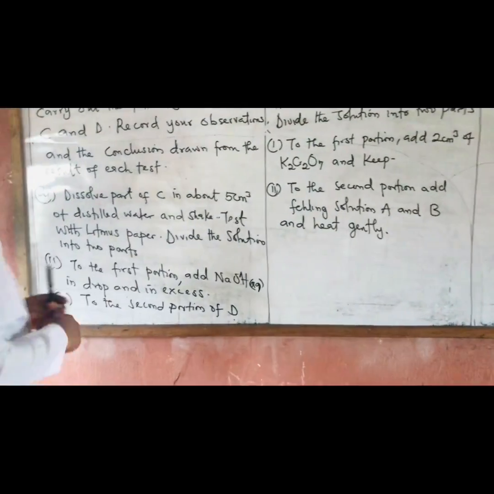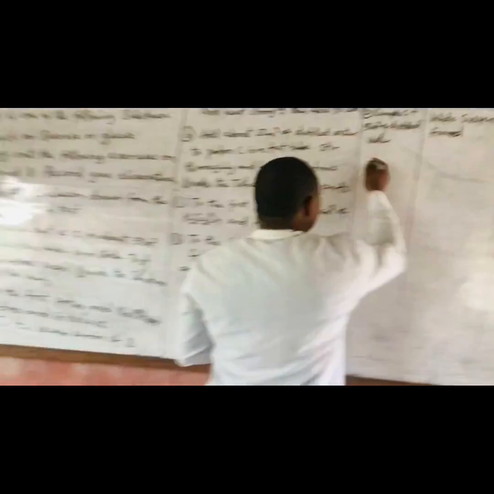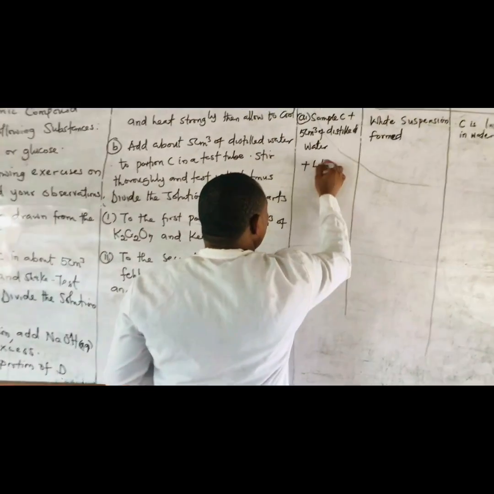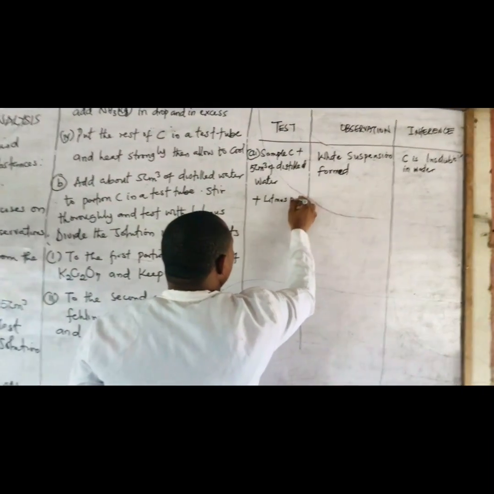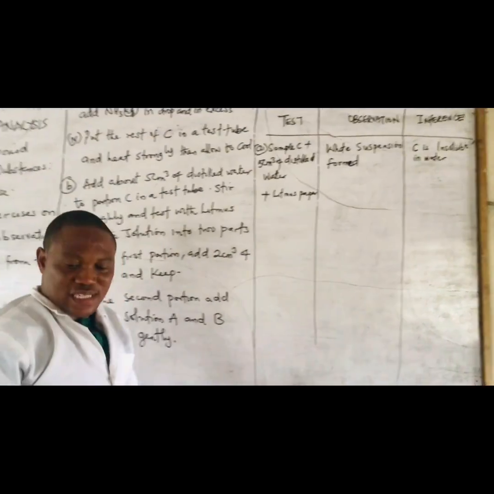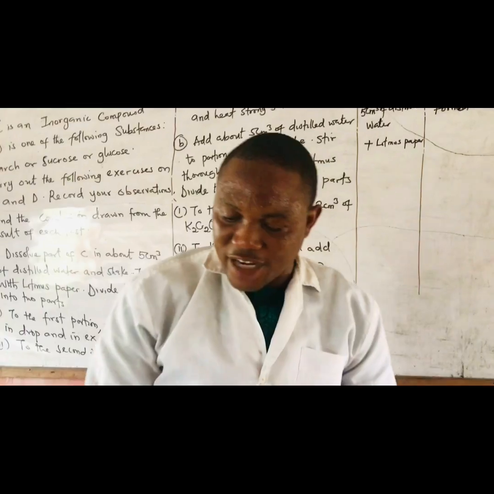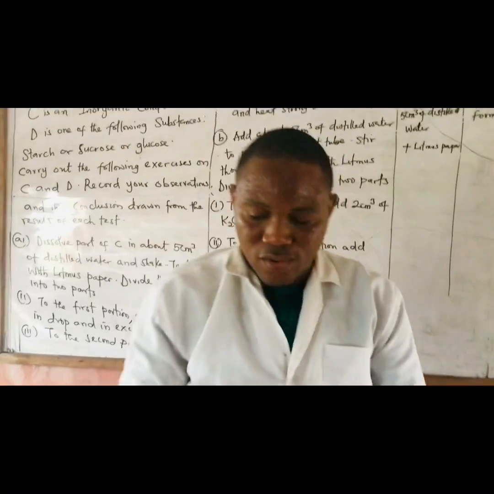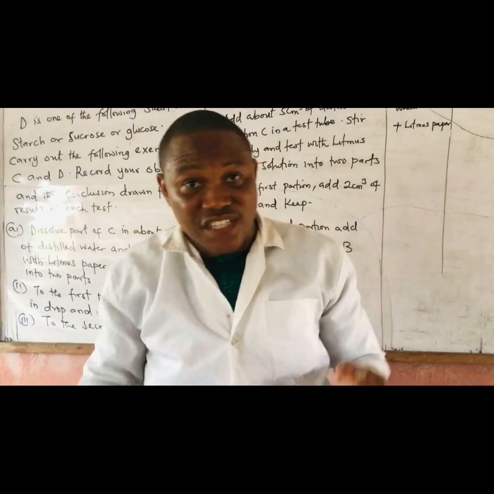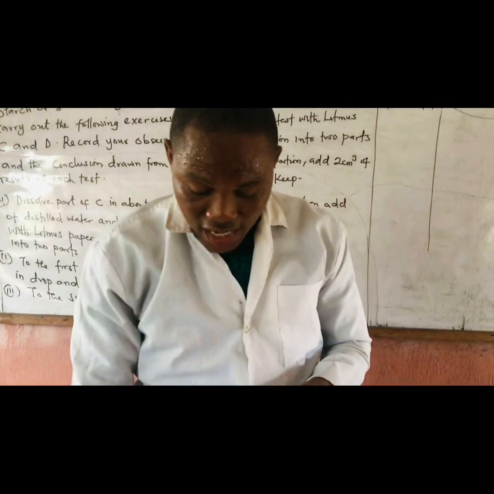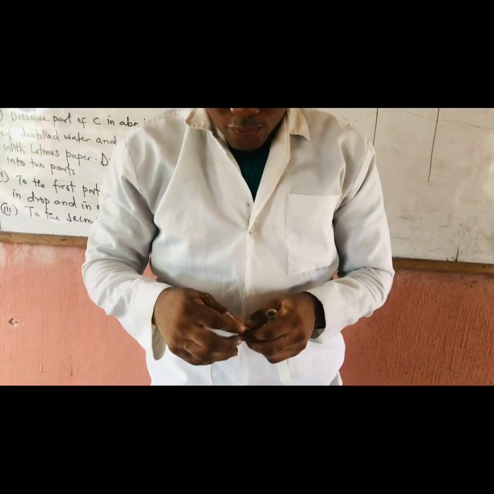What's the next thing? Test with litmus paper. So plus litmus paper. So what is the action on litmus paper? Definitely I will be testing with my red and blue, because I don't know if it is acidic or if it is basic. So I cannot use only red. I'll be using red, I'll be using blue. So let's see.